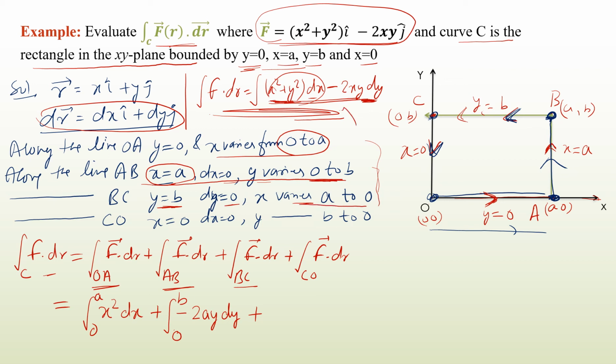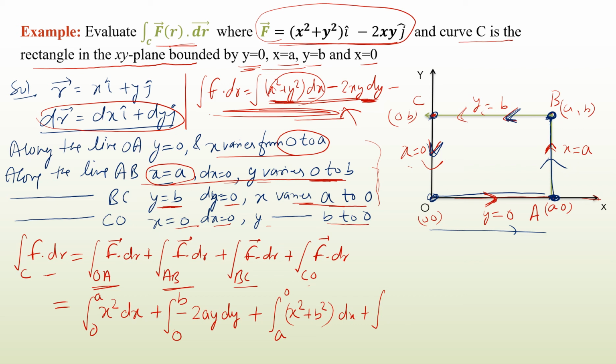So here we put y equal to b. So the integration is, we get x square plus b square, and dy is 0. The limit of x varies from a to 0, and similarly for the line CO, x is 0 here, dx is 0, and y varies from b to 0.